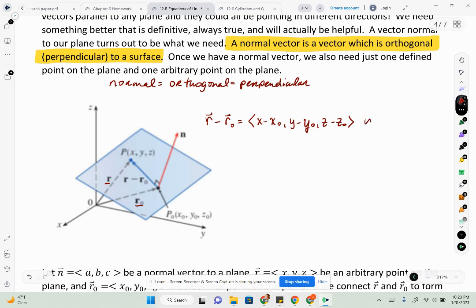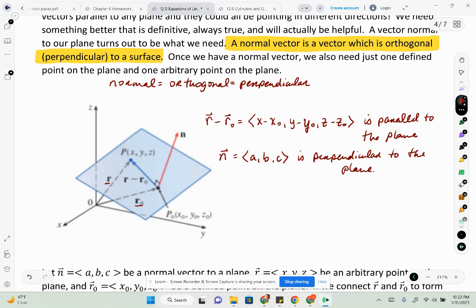And that vector is parallel to the plane. While n, which we could say has values a, b, and c, is perpendicular to the plane.